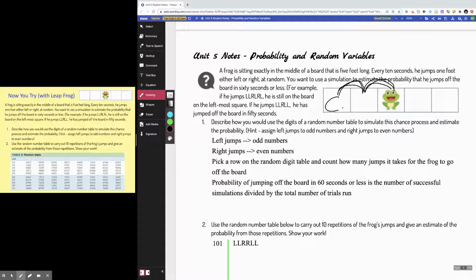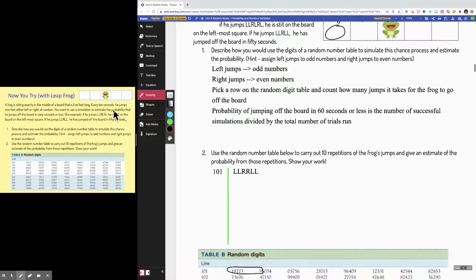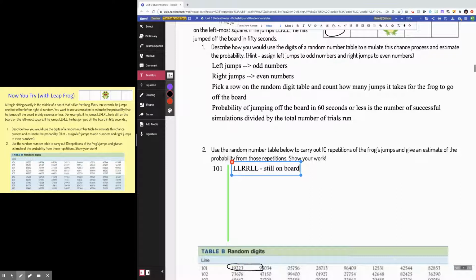So after 60 seconds, he's here in this space and still on the board.